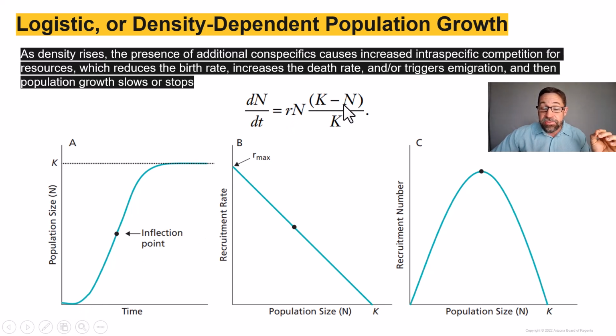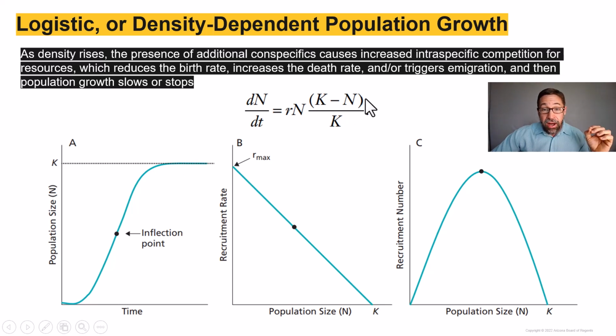However, as population abundance increases relative to the carrying capacity, this number is going to approach 0. And when it hits 0, right, 0 in a numerator means that this term is 0. That means this entire right side of the equation is 0, which means that we've hit the asymptote. We've hit the carrying capacity here.